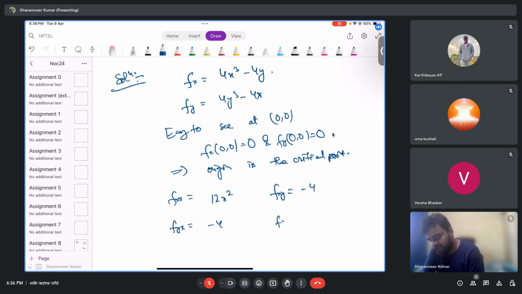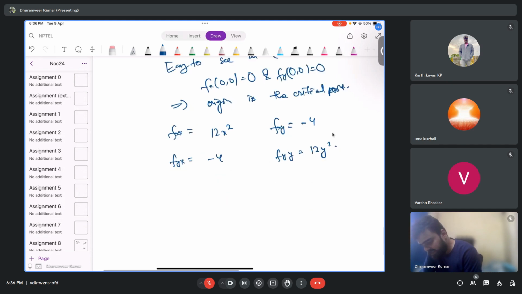What is fyy? 12y squared. Okay, so what is the determinant? At (0, 0), it is 0 times 0 minus 4 times minus 4, so the determinant at the origin is nothing but minus 16.